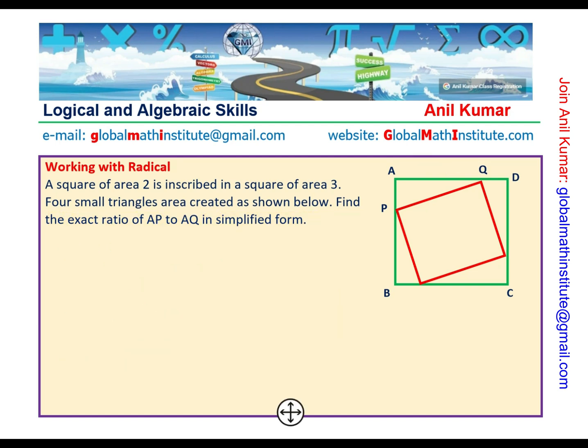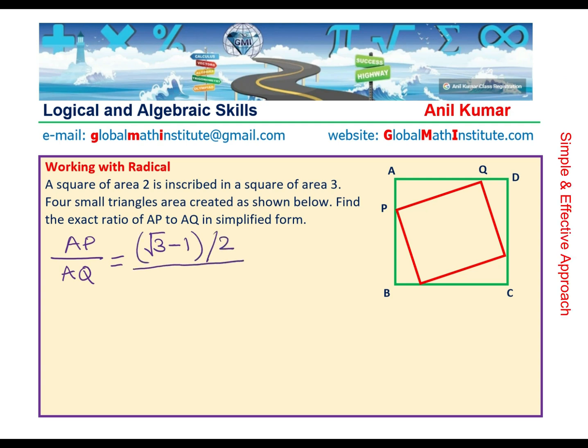So what we have is AP over AQ equals square root 3 minus 1 divided by 2 over square root 3 plus 1 divided by 2, right? So the divide by 2 cancels. So we are left with square root 3 minus 1 over square root 3 plus 1. That is how we got that value, okay?